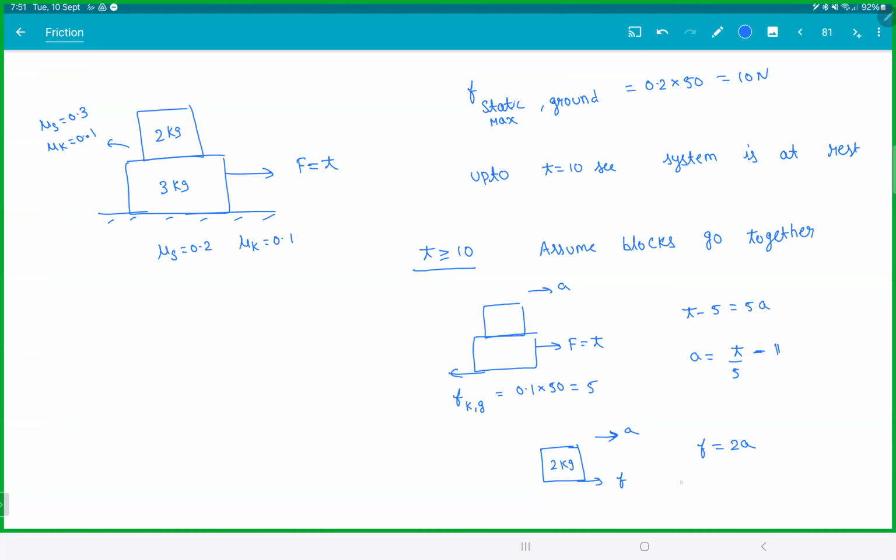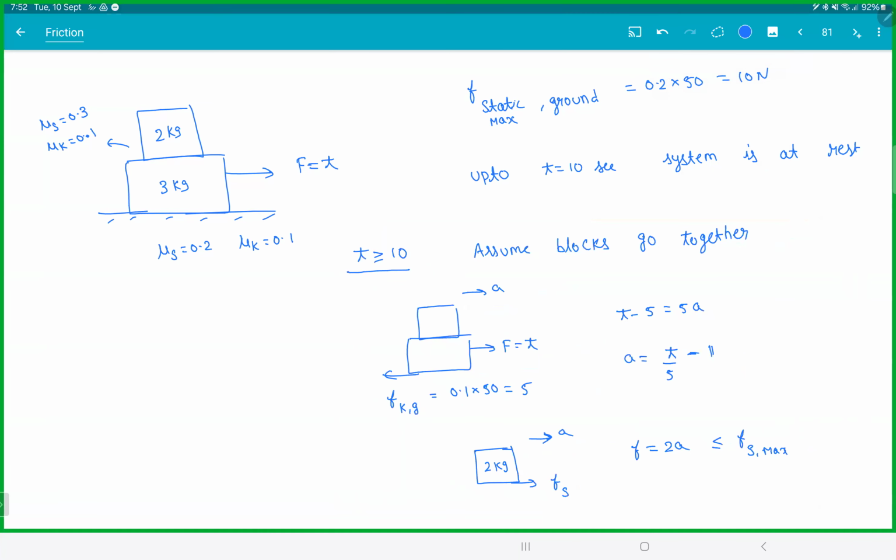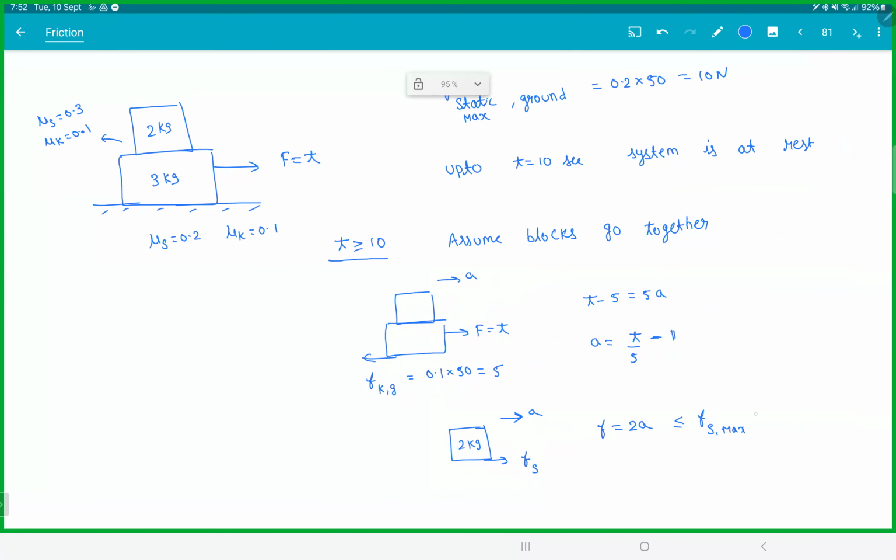And then 2a should be less than or equal to F max. How much is that? That is 0.3, this is static. F static max. How much is this?